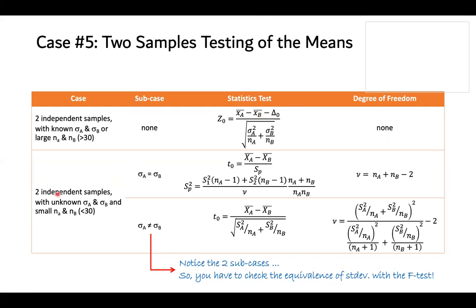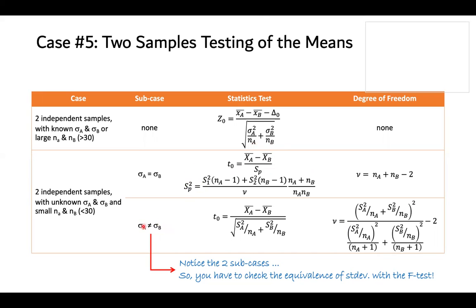The second one is 2 independent samples with unknown standard deviation of A and B, and we have a small number of samples. For the first case, if we know the standard deviation of population A and B, we use the T test, which uses the test statistic for the 2 samples. And this is how to calculate the standard deviation.